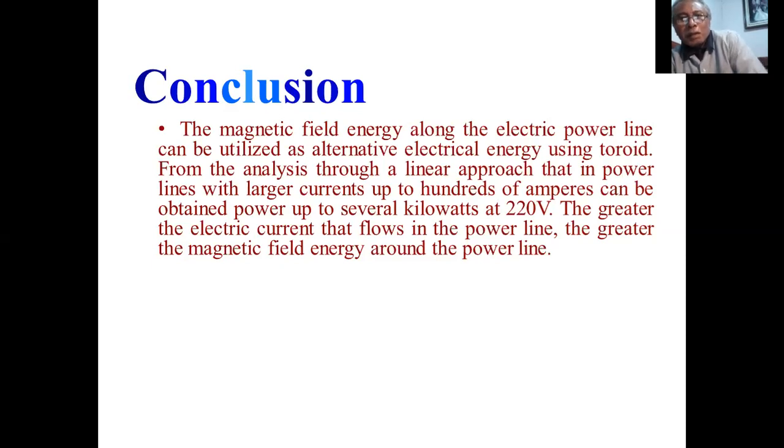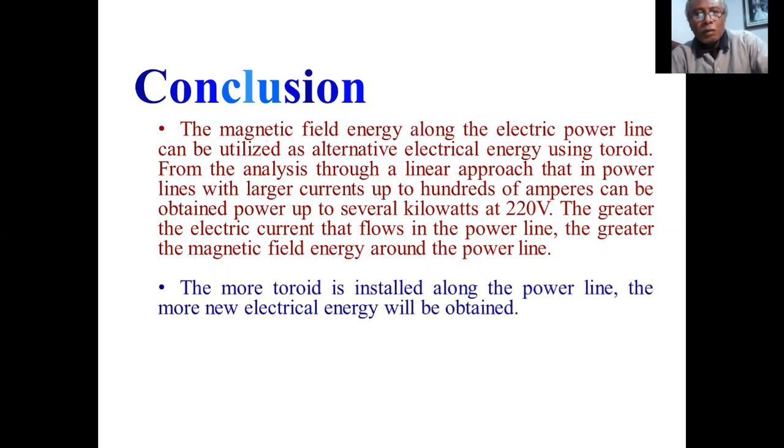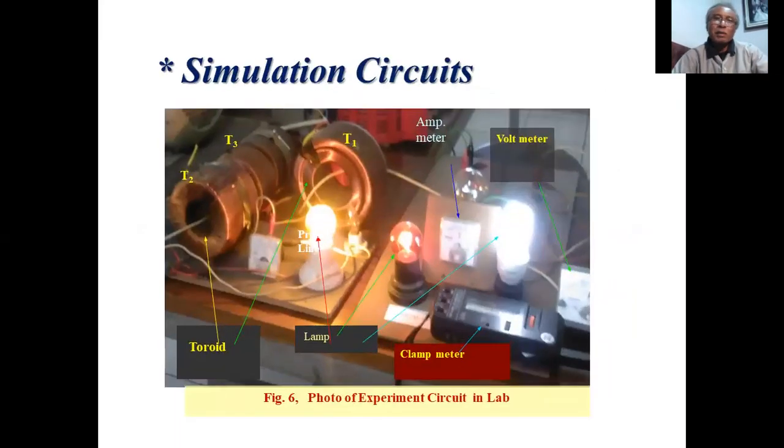The greater the electric current that flows in the power line, the greater the magnetic field energy around the power line. Second, the more toroids installed along the power line, the more new electrical energy will be obtained.